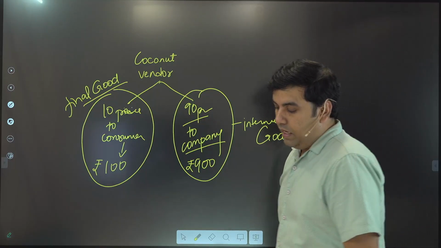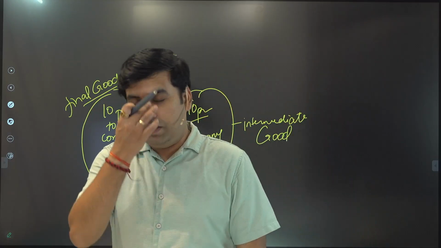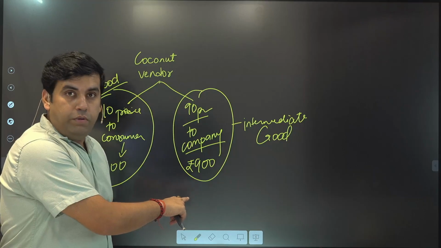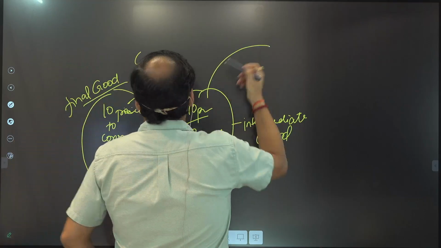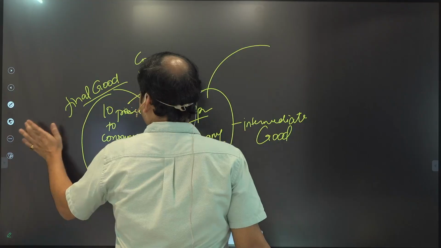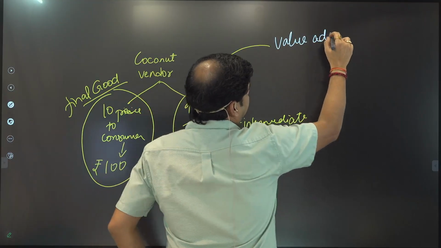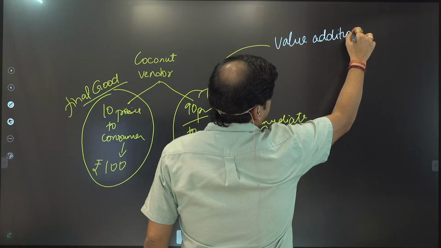Perfect. Now comes the real point. When this company purchases it for 900 rupees, it will do some value addition. Now what is this value addition?